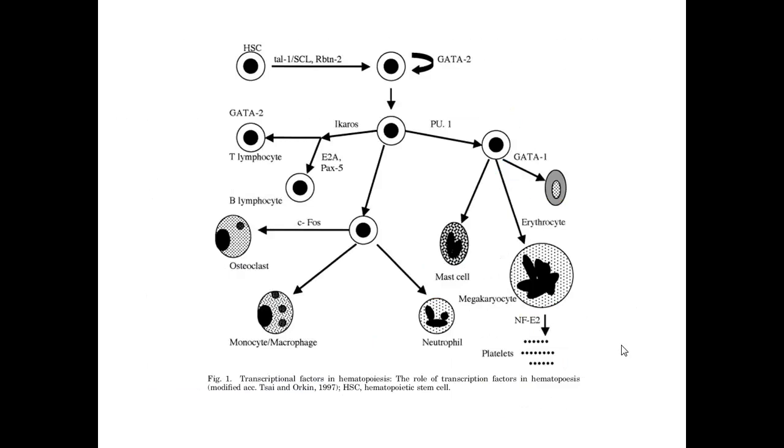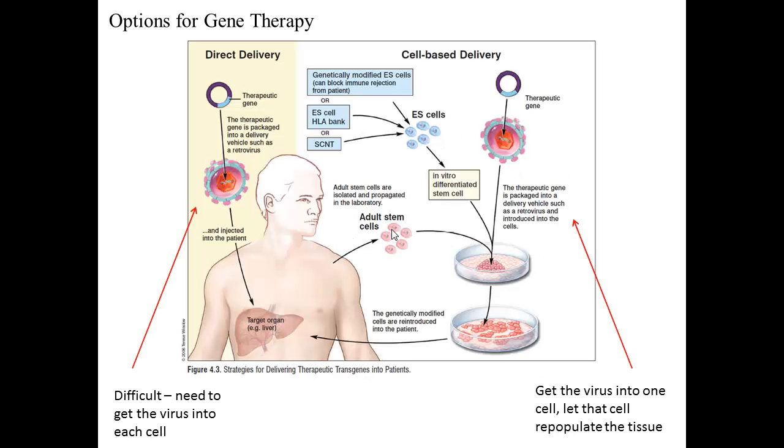The factors and genes which need to be turned on are much better understood in this case, and so while we have the disadvantages of a smaller supply and a limitation in terms of what types of cells they can turn into, we are able to manipulate this process by the selective activation of a small number of transcription factors, which will change the cell lineage development to these various different outcomes. And we concluded this with a discussion that stem cells, although filled with promise, have not led to a large number of therapeutic successes.